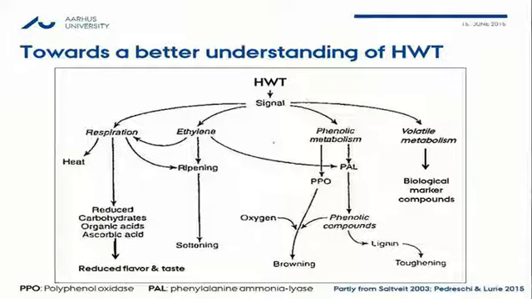We also know from our last year's studies that we have an impact on the volatile metabolism, because we can see different volatiles that are up and down regulated from the treatment, and that's where our focus is, to work on the volatiles, because they tell us much more than what respiration and ethylene production rate tells us.